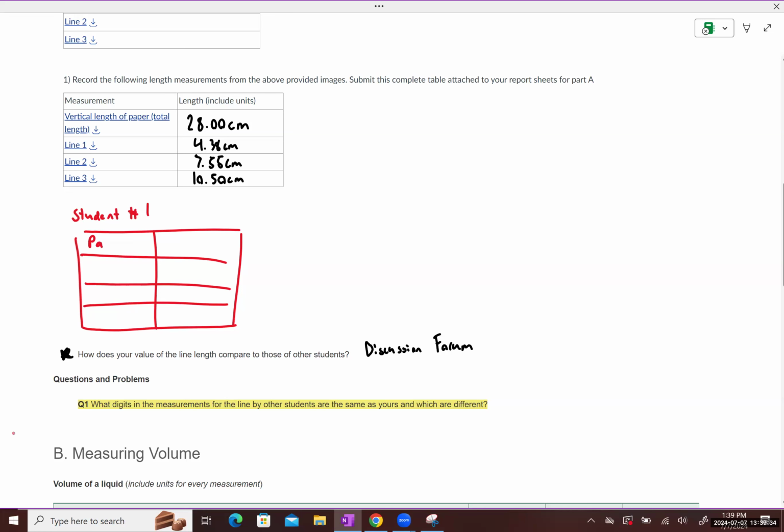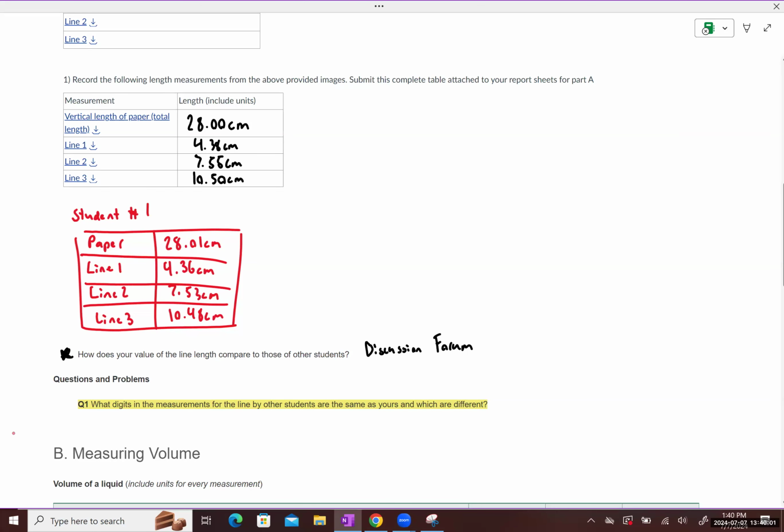For their paper, they reported 20.01. For line 1, they reported 4.36. For line 2, they reported 7.53. And for line 3, they reported 10.48 centimeters.